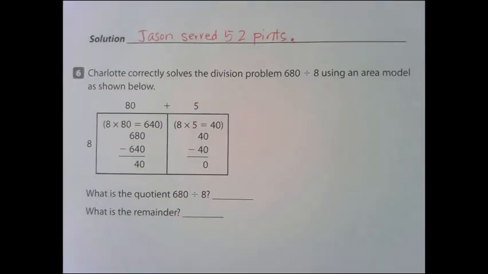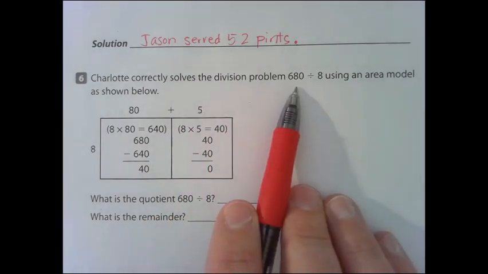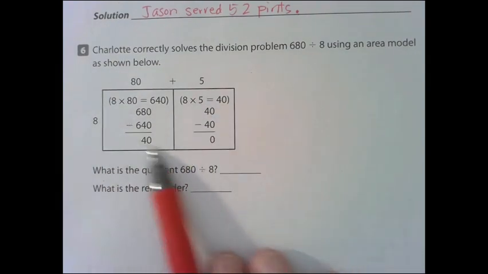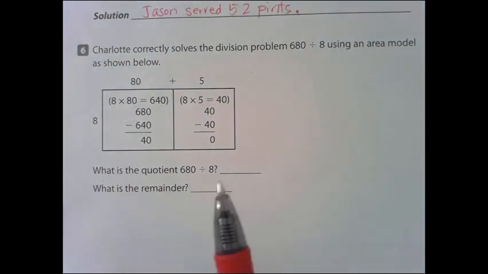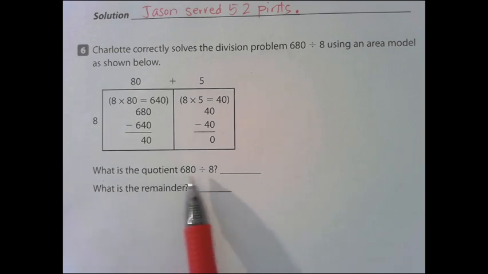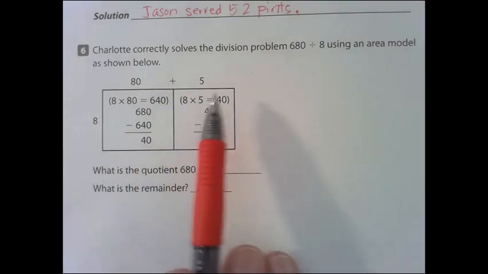Okay, let's talk about Charlotte. It says she correctly solves the division problem 680 divided by 8 using the area model. So we don't even need to check her work. They already told us it's correct. So the question is, what is the quotient, or what's the answer, of 680 divided by 8? Well, when we're using the area model, all we have to do is add our partial quotients.